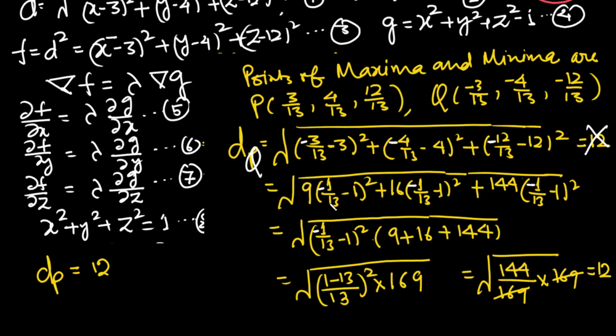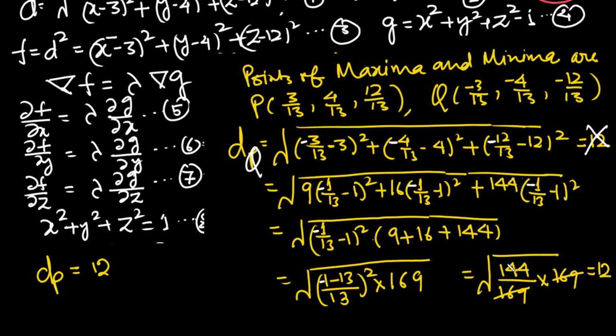The common factor is (minus 1 over 13 minus 1) whole squared, and here we have minus 1 minus 13, which is minus 14 squared.